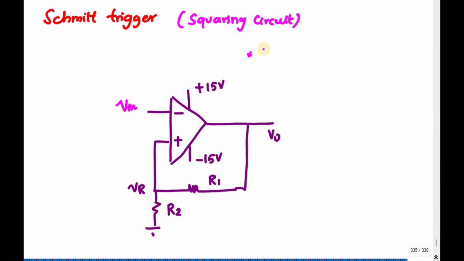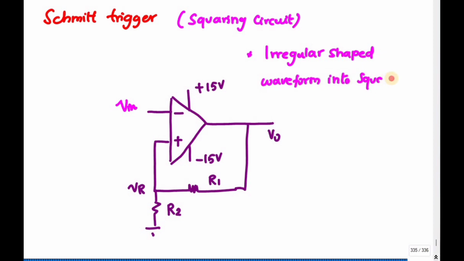So the purpose is to convert an irregular shaped waveform into a square wave.